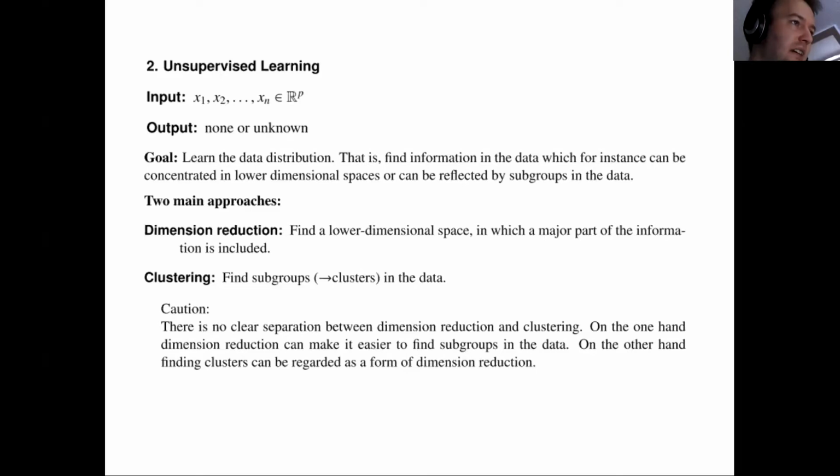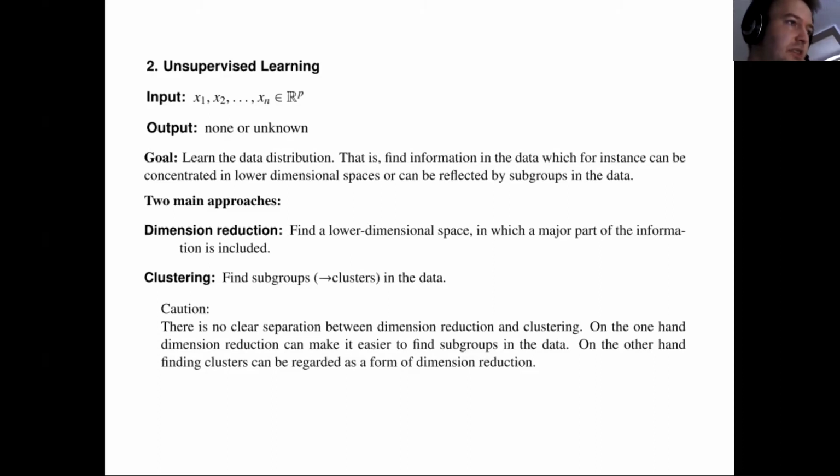Or we might be interested in dimension reduction, which can be very important if you have high-dimensional data, so you want to transform the data into a lower dimensional space. There have also been talks here on Machine Learning Tokyo. If you go to the YouTube site, you can see them. Very nice talks, in which a major part of the information is included.